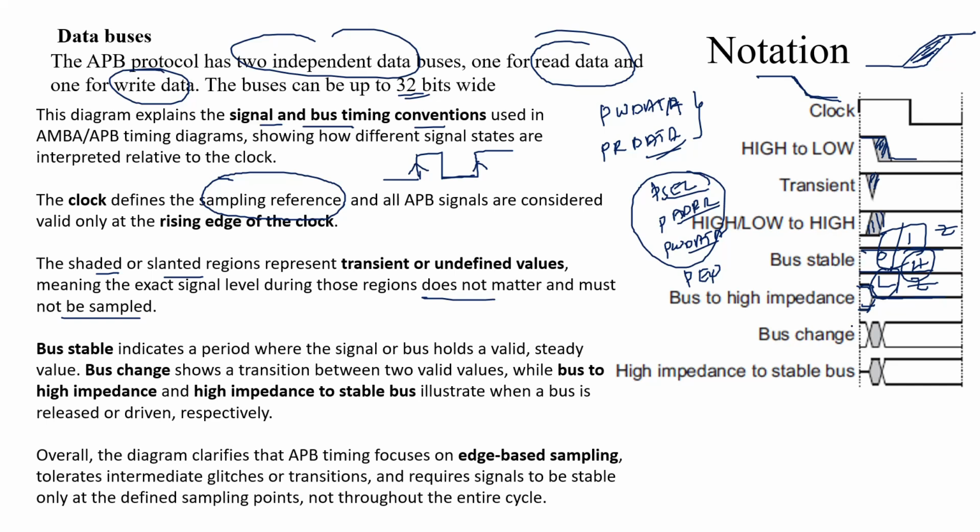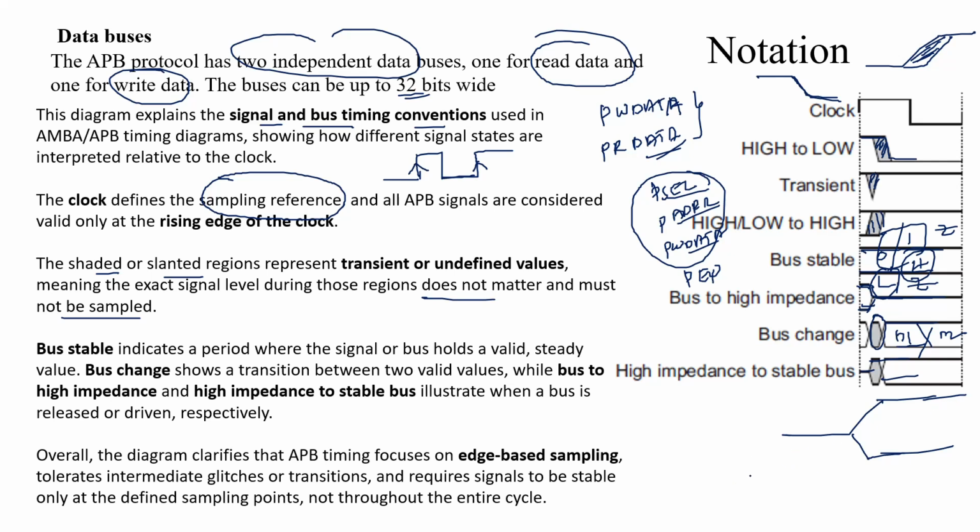Similarly, bus changing means the data is changing. This is the bus, and you are changing the data: here data 1 is there and here data 2 is there. That is the bus change representation. Then bus high impedance to bus change, and then the bus stable state. Initially it is in the high impedance state, after that it maintains the stable address or stable data, a stable bus.